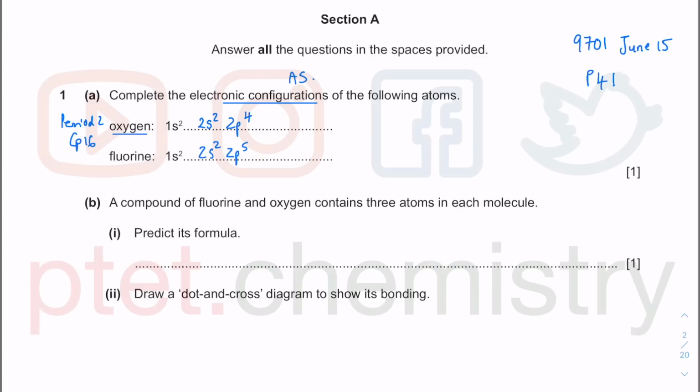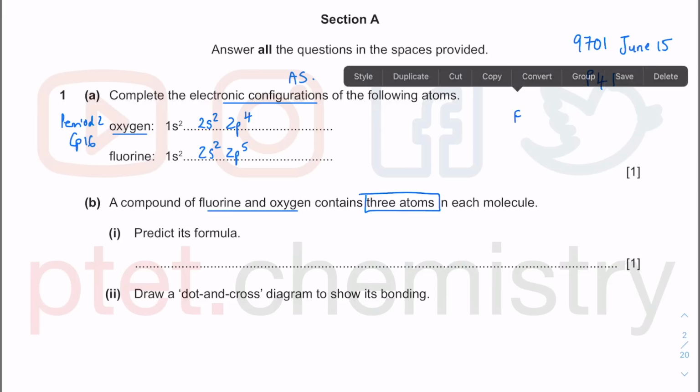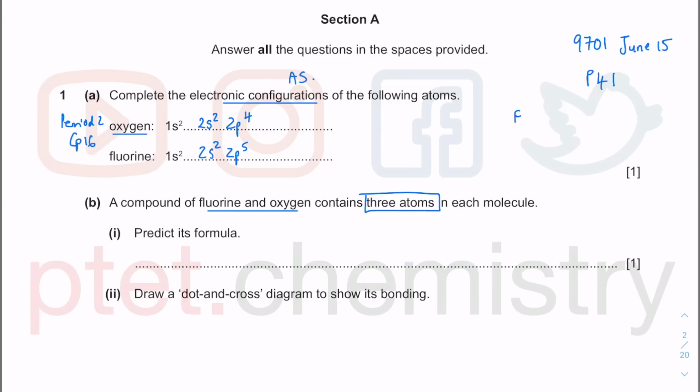In the second question, a compound of fluorine and oxygen contains 3 atoms in each molecule. If you think about fluorine, going back to your O-level or IGCSE or GCSE level chemistry, in terms of the 2,7 electronic configuration, just a really simplified configuration, we look at the number of outer shell electrons, and then valency is what you call the combining power.